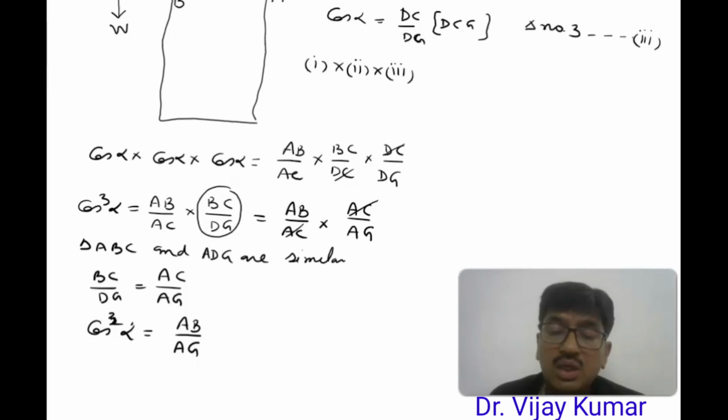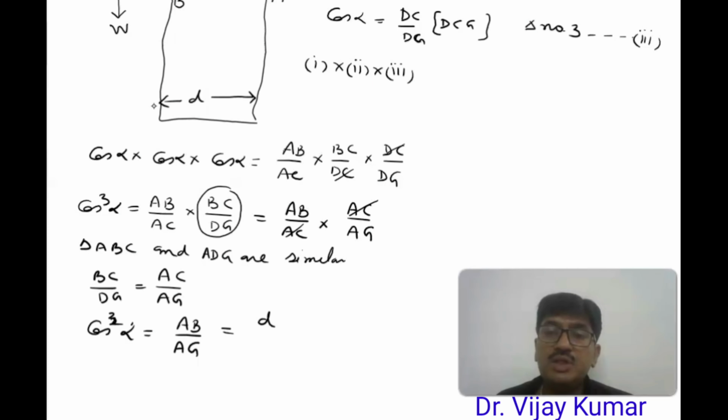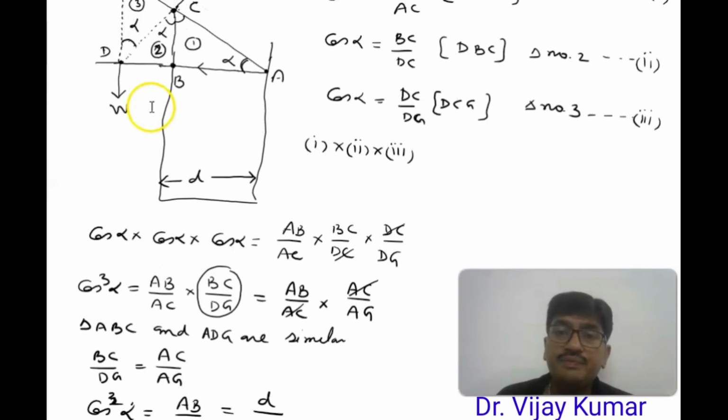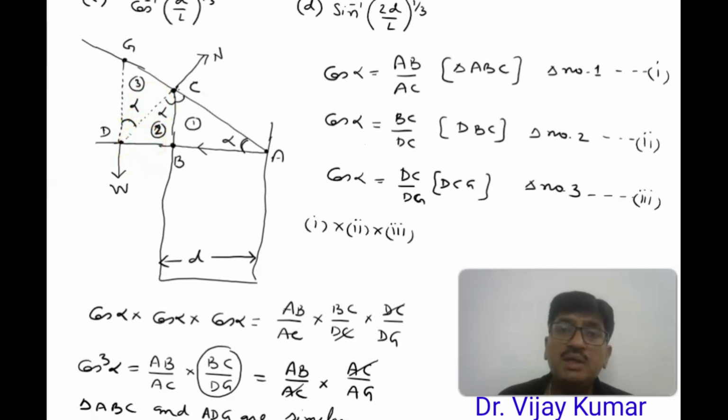So we know that this is D, so AB is D. And this point G represents the center of gravity of the rod.